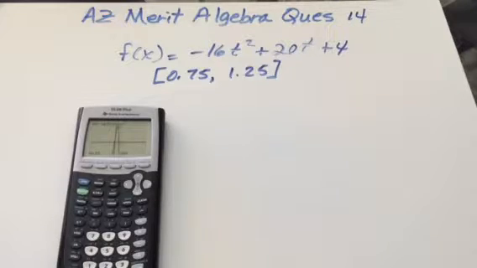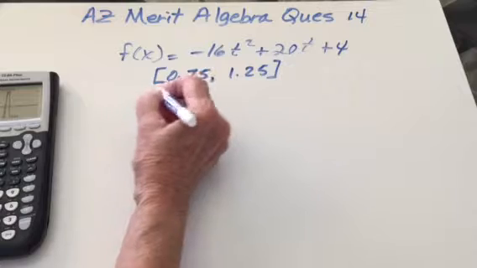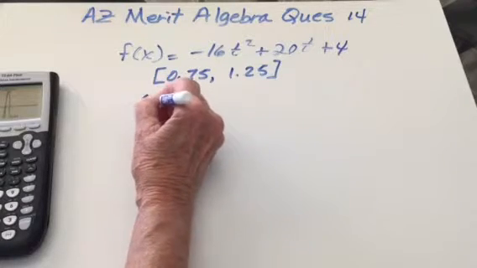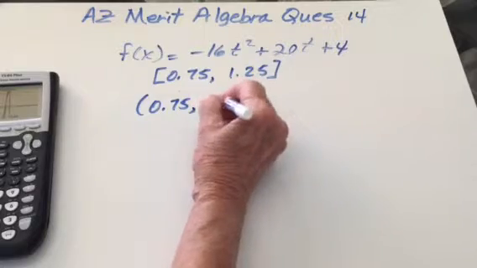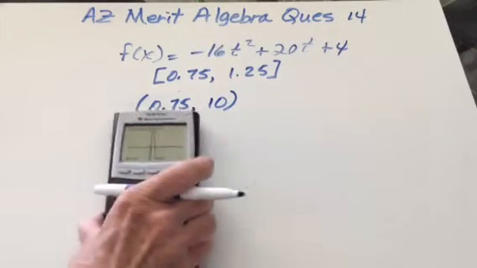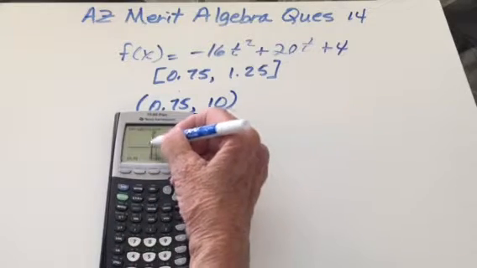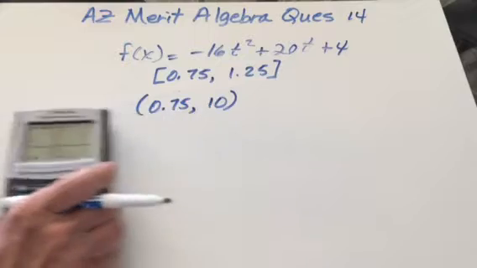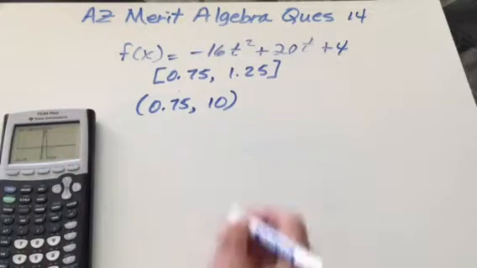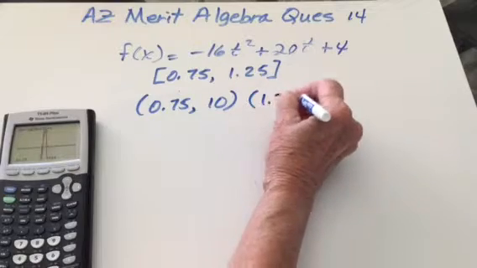The y is 10. Let me quickly write this down in coordinate points: 0.75, comma 10. So when x is 0.75, the y part is 10. Now I need to know what the y part is when x is 1.25.